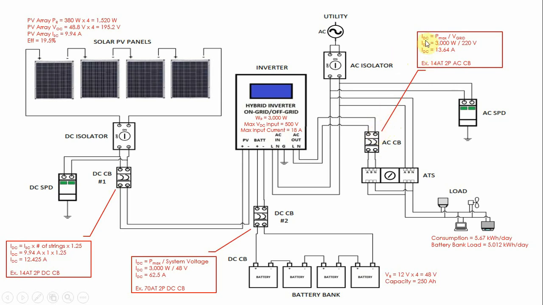Again, this is an error. This should be AC current. So that's 13.64 amperes. That's the amount of current flowing through here. So in this example, we will choose an AC circuit breaker with a rating of 14 amperes. So that's a 14 ampere trip 2-pole AC circuit breaker.